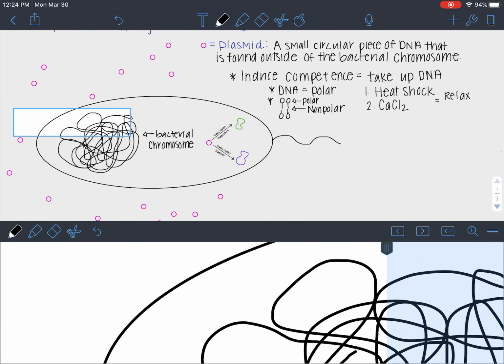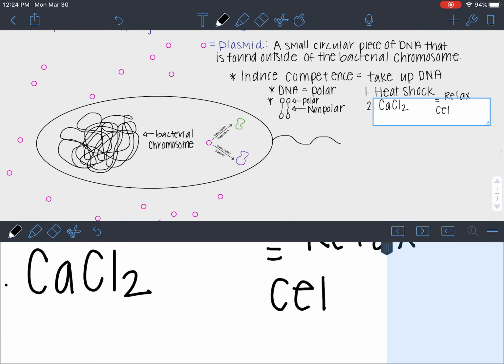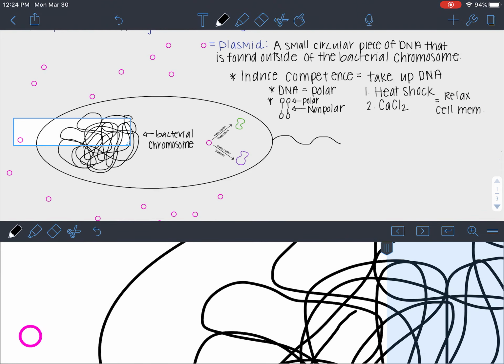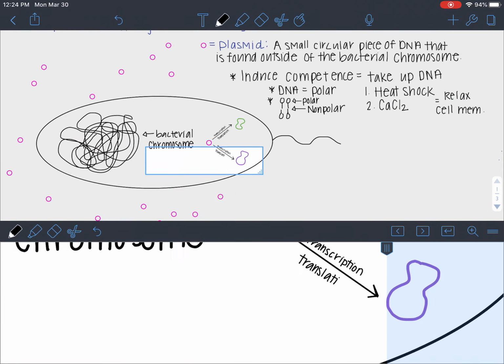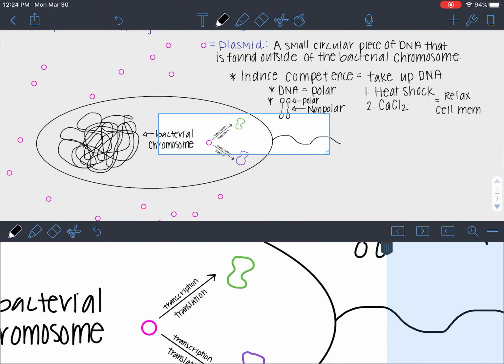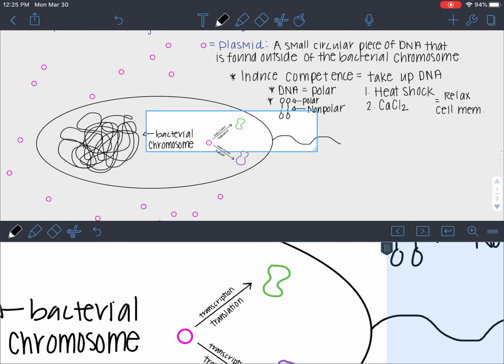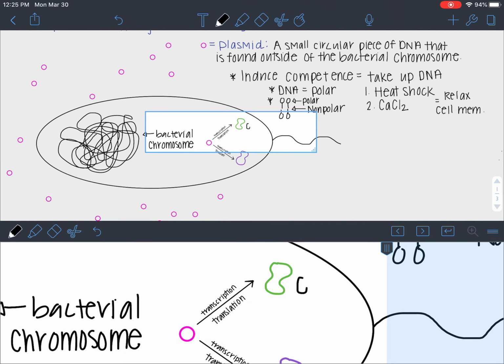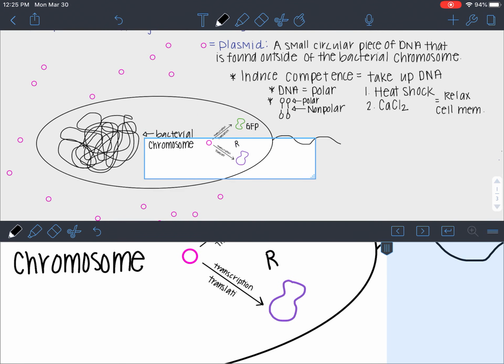And when that cell membrane relaxes and opens up a little bit, we're actually able to get the plasmid in there. If we get the plasmid into our cells, we will transcribe and translate the different things that are on the plasmid depending on what's in the environment, including our green fluorescent protein, and we'll also make that beta lactamase.